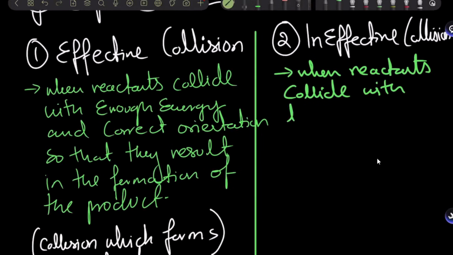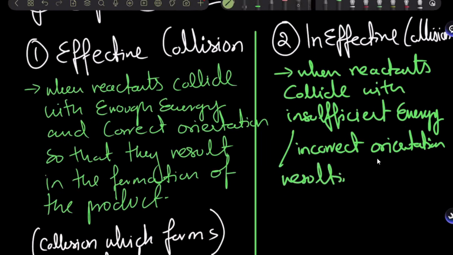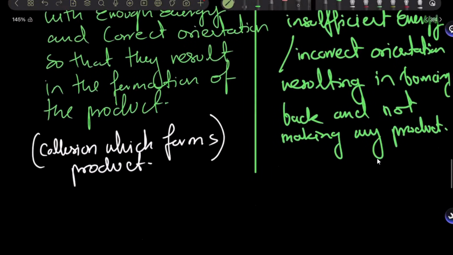So, with insufficient energy or incorrect orientation, resulting in bouncing back and not making any product. So here the reaction does not take place. So no product forms in ineffective collisions.